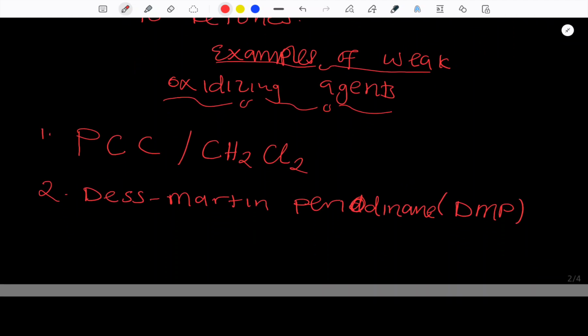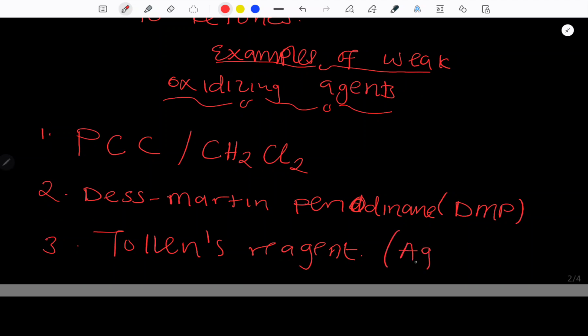But if you go further, you also have one of the common weak oxidizing agents known as Tollens' reagent. Tollens' reagent is not common though, but it is Ag(NH3)2+.